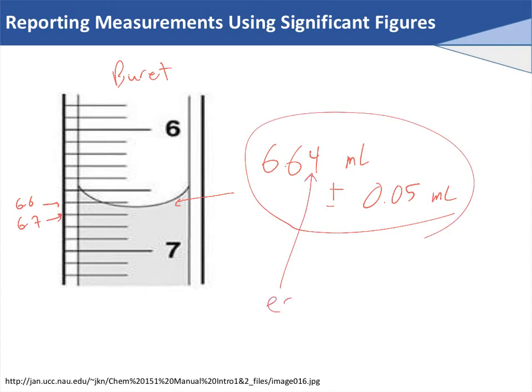And this number 4 is an estimate. It is an uncertain number. You might have got 6.63 or maybe 6.65, but it's clearly not down here near the 6.7. It's clearly closer to 6.6, or maybe right in the middle if you can read the very bottom of the meniscus. And so I'm estimating this number. This uncertainty comes from the fact that the uncertainty will be half of the smallest interval. So that's important for us to remember as well.